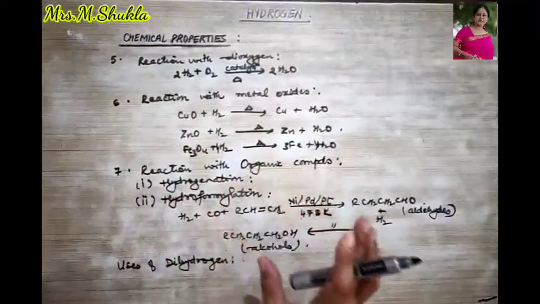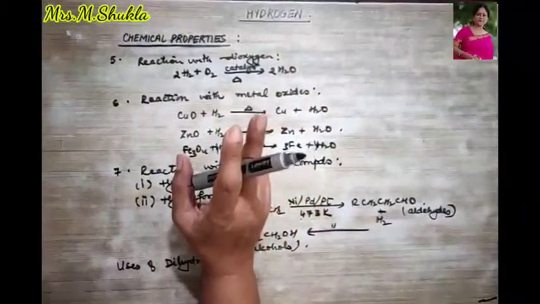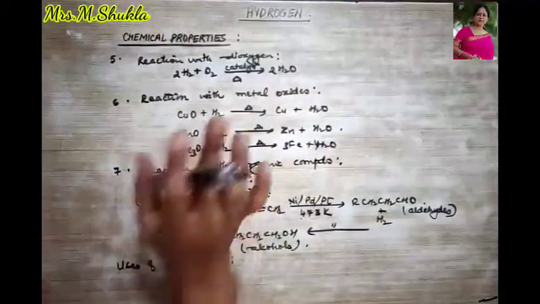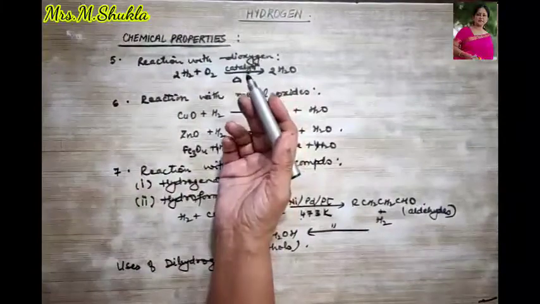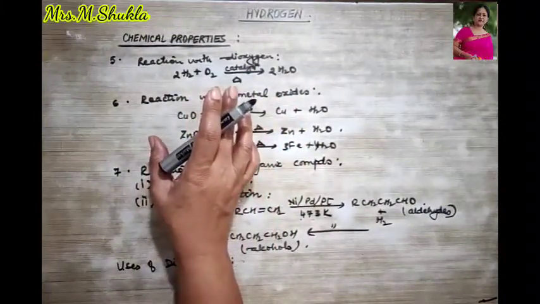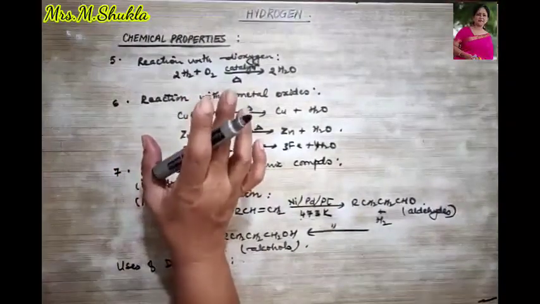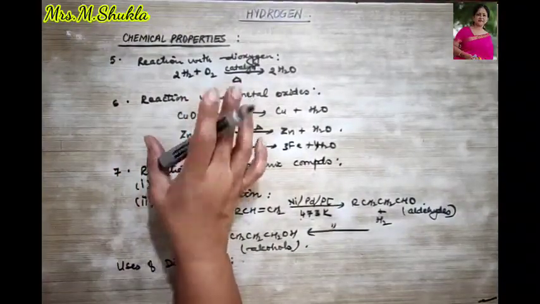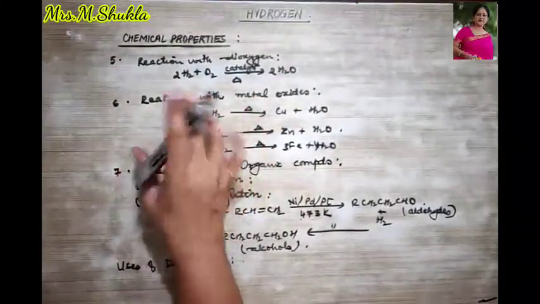Now, what do we know about the hydrogen economy? That hydrogen has been considered as one of the alternative sources of energy. This you have already studied earlier in class 9th as well. So one major advantage of using hydrogen as a fuel is what? That it is environment friendly.